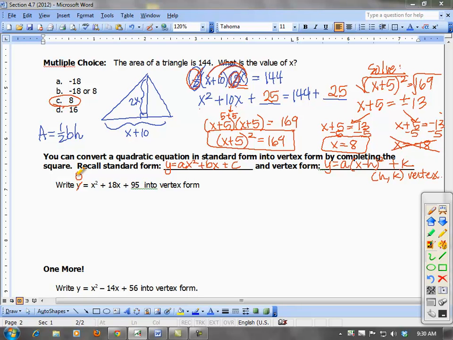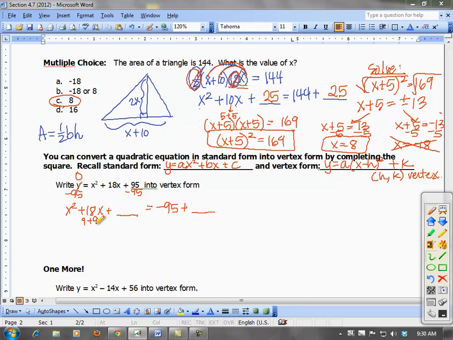So here we go. I'm going to move the 95 over, and then I'm going to write it in the same form we did last time. So x squared plus 18x plus something to complete the square has to equal negative 95 plus that same something, because whatever I do on one side, I have to do on the other side. All right? Second thing, 18. How do you get 18? You get 18 by using 9 plus 9.